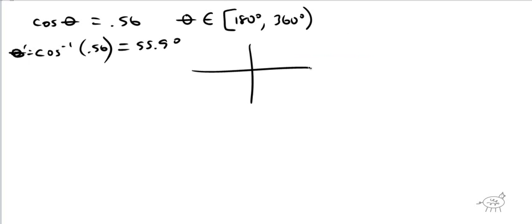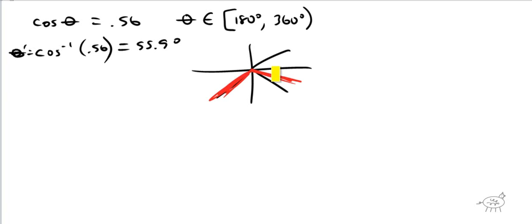Do you guys agree? First of all, cosine is positive where? Cosine is positive here and here. Then I give you another restriction, between 180 and 360. Let's highlight that in red. So this is 180 and 360. Where does the black and the red overlap?